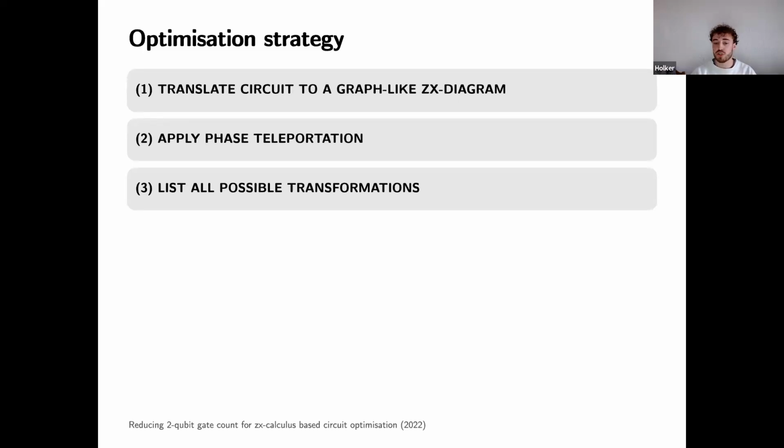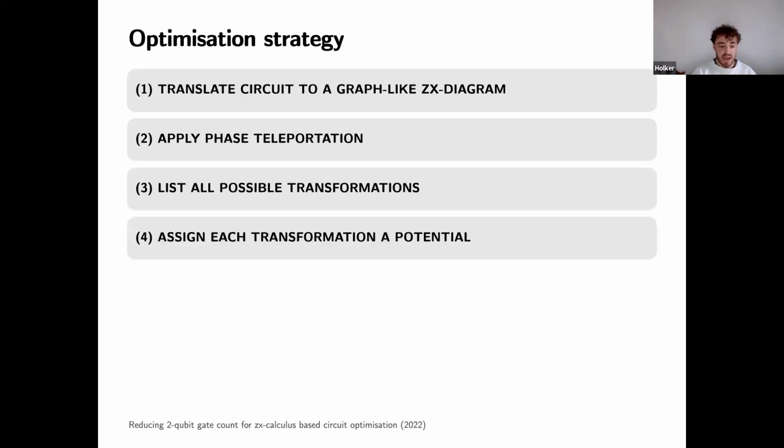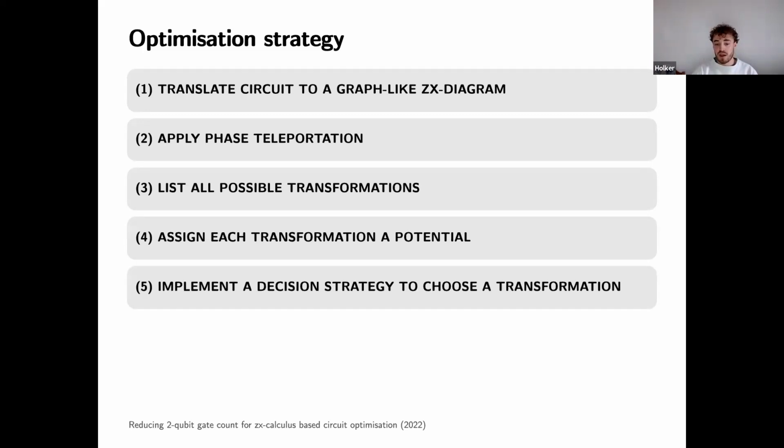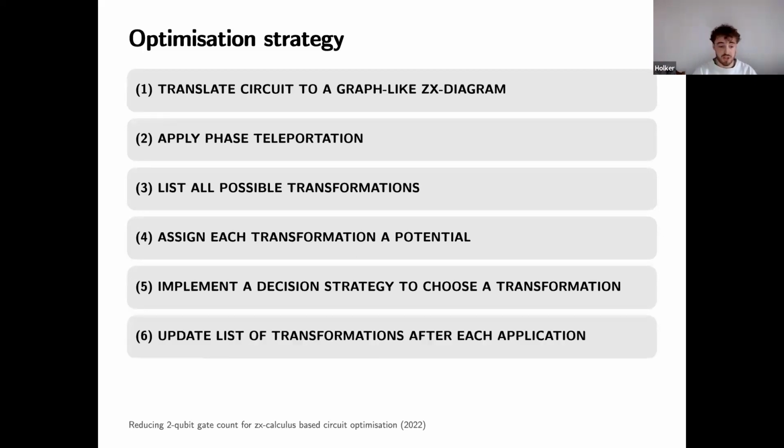Now reducing the two-qubit gate count is our priority. So we list all possible transformations which we can use, and then we assign each transformation a potential for how effective it is going to be in reducing the two-qubit gate count, or whatever your goal is to reduce in the circuit. You then implement a decision strategy to choose a transformation from each one with a potential.